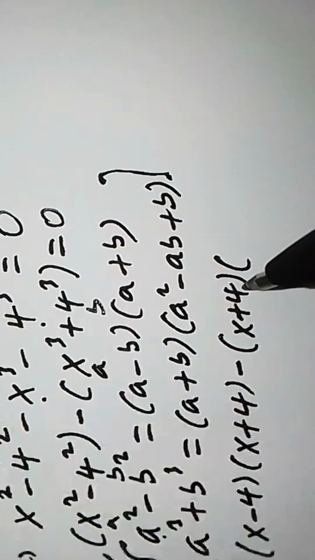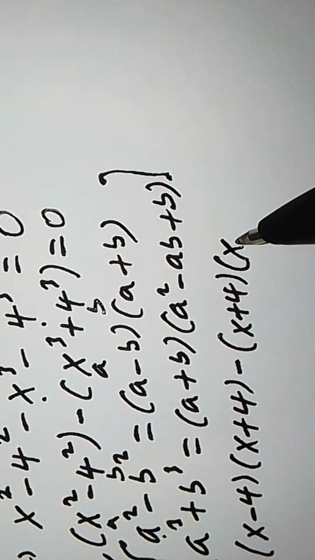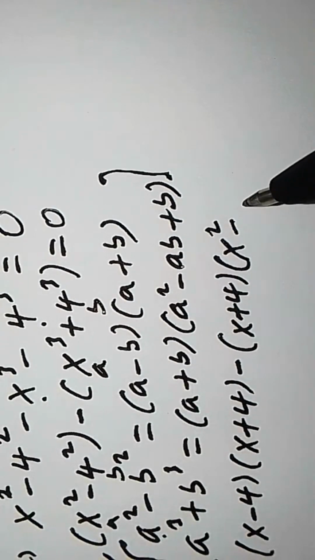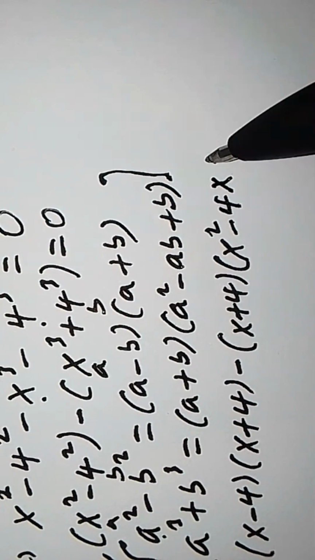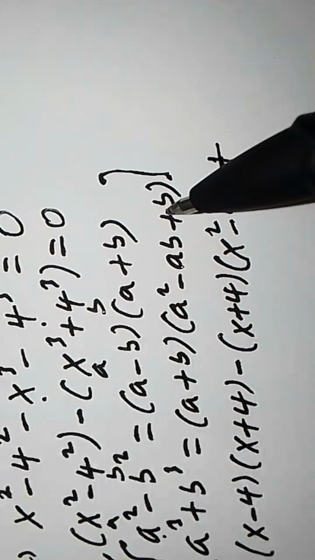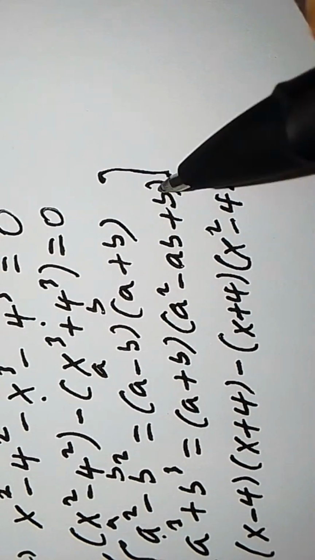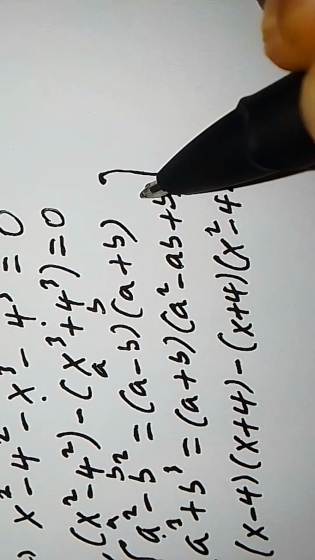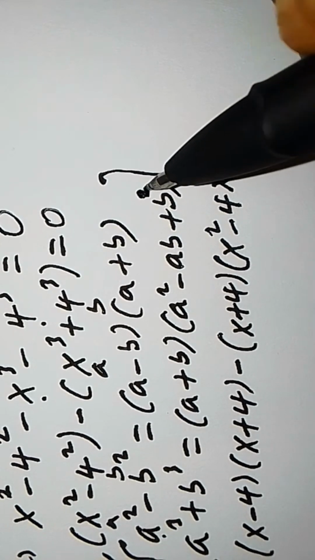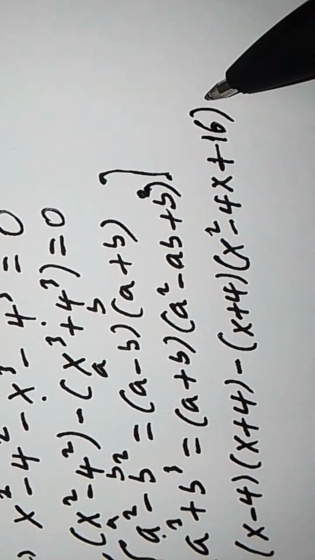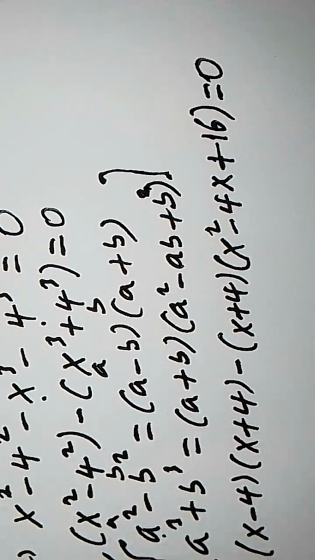Plugging it here, that will be x squared minus ab, that is x times 4, which is just minus 4x, plus b squared, that will be 4 squared, which is just 16. Everything equal to 0.